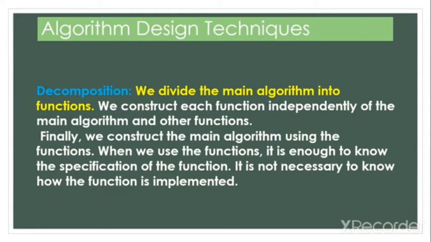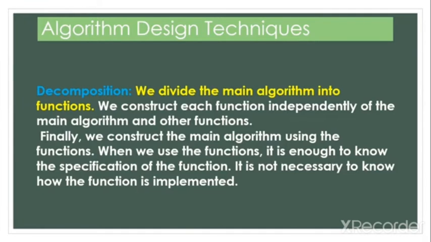So instead of solving a big problem at one time, we are dividing it into many algorithms. Each algorithm activates a set of instructions and produces some result; that is called a function. Okay? So after constructing all the algorithms we'll combine everything together and we'll get a result here.